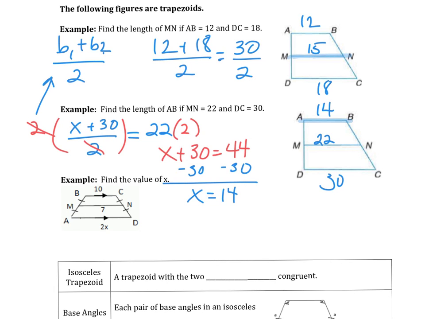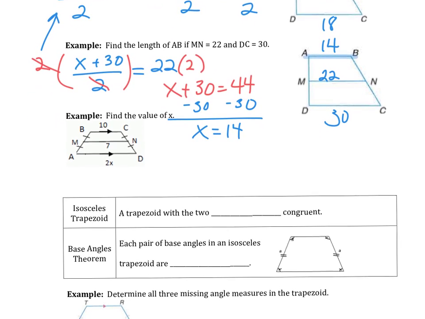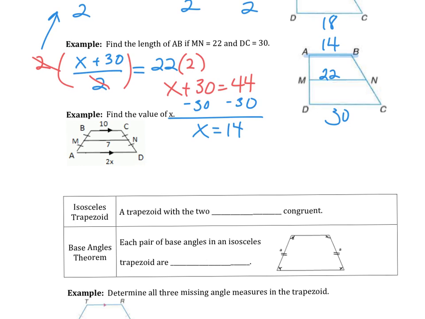All right, and then the last example down here, finding the value of x. Again, we've got one more example with that same formula. So we're going to say our base 1, which is 10, plus our base 2, which is 2x, divided by 2 is going to be equal to 7. Again, we're going to get rid of that 2 in the denominator first. So my first step is going to be to multiply both sides by 2. Gets rid of that here.